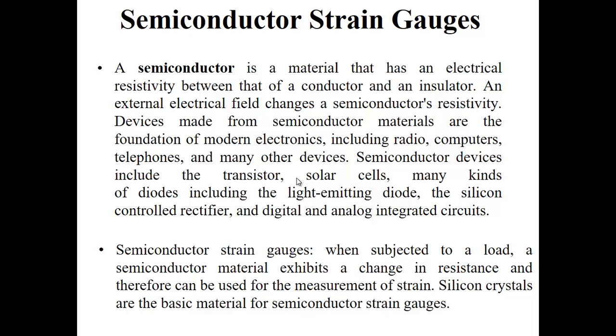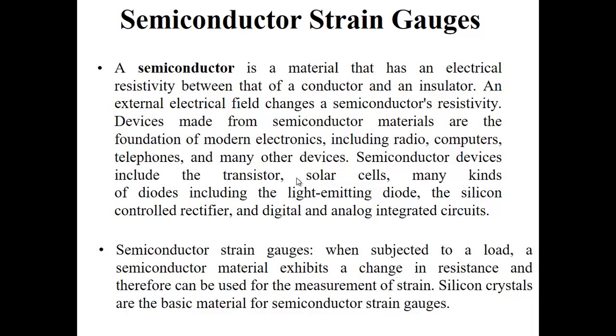Devices made from semiconductor material are the foundations of modern electronics, including radio, computer, telephone, and many other devices. Semiconductor devices include the transistor, solar cell, many kinds of diode, including the light emitting diode, the silicon controlled rectifier, and digital and analog integrated circuits.